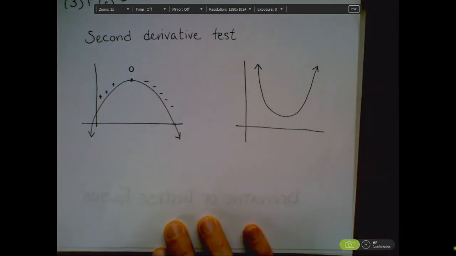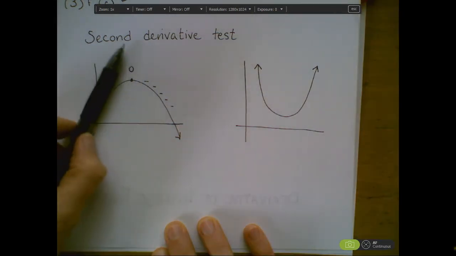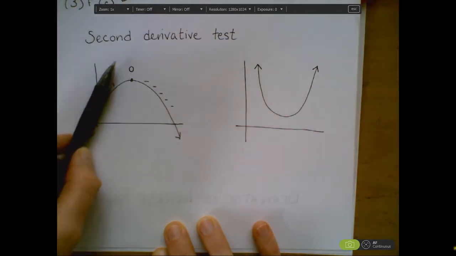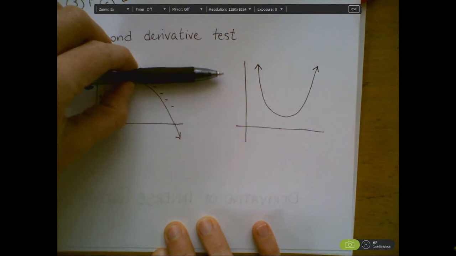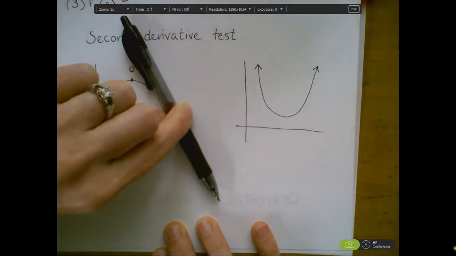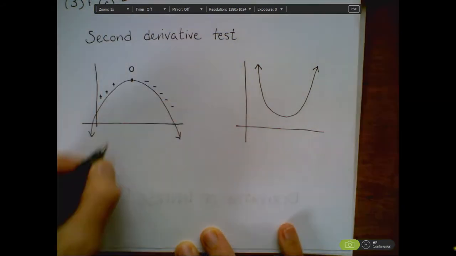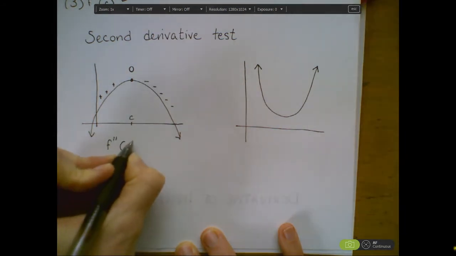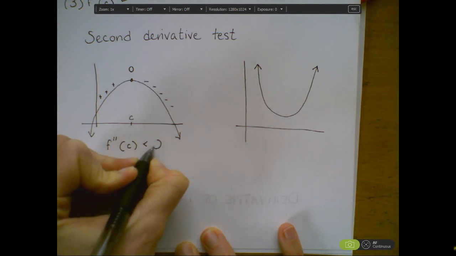What does that mean for our second derivative? It means, what is the rate of change of my derivative? My derivative is getting smaller and smaller, to 0, and then more and more negative. In other words, this is a graph where my second derivative at this point C is less than 0.